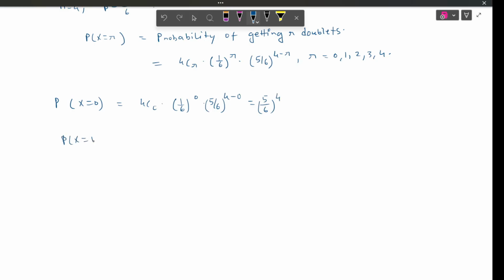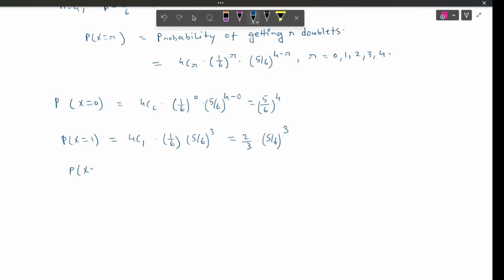Now P of x equals 1, that is 4C1, 1 by 6 to the power 1, 5 by 6 to the power 4 minus 1, that is 3. If you calculate, the value would be 2 by 3 into 5 by 6 to the power 3.